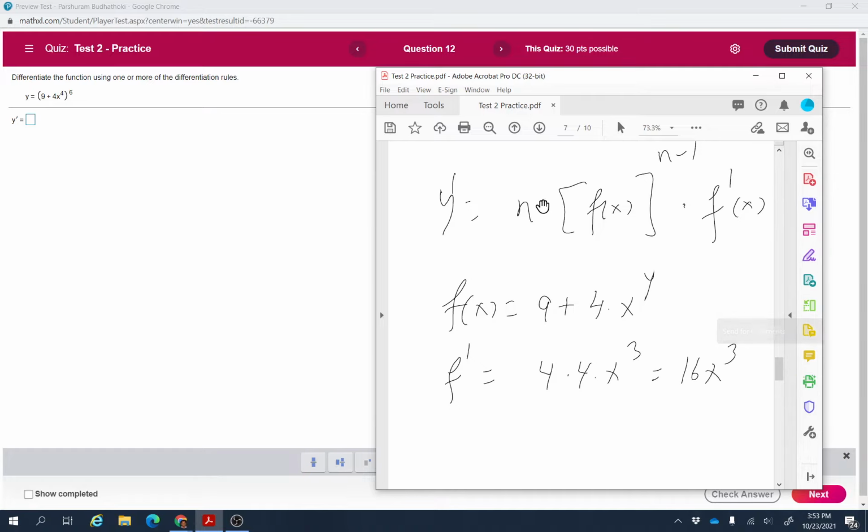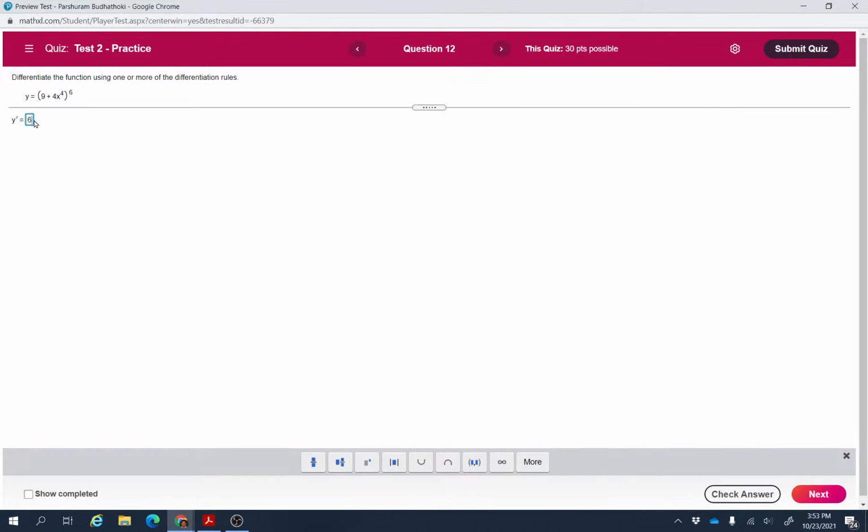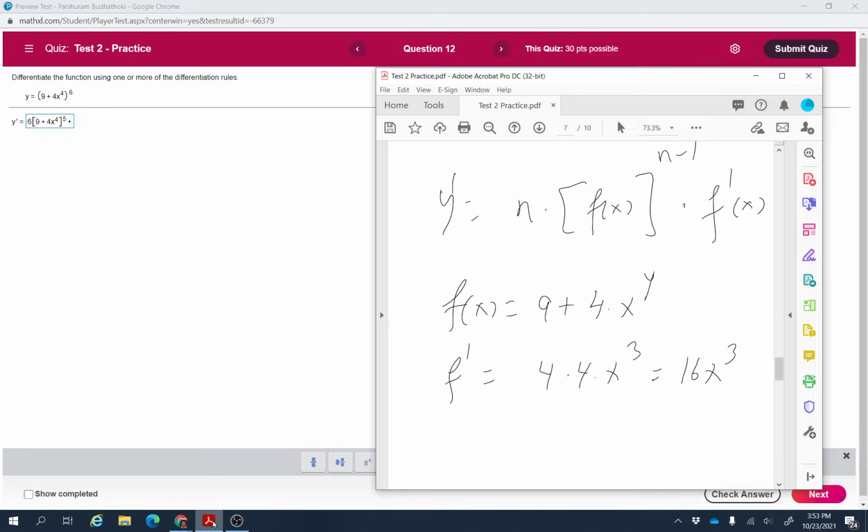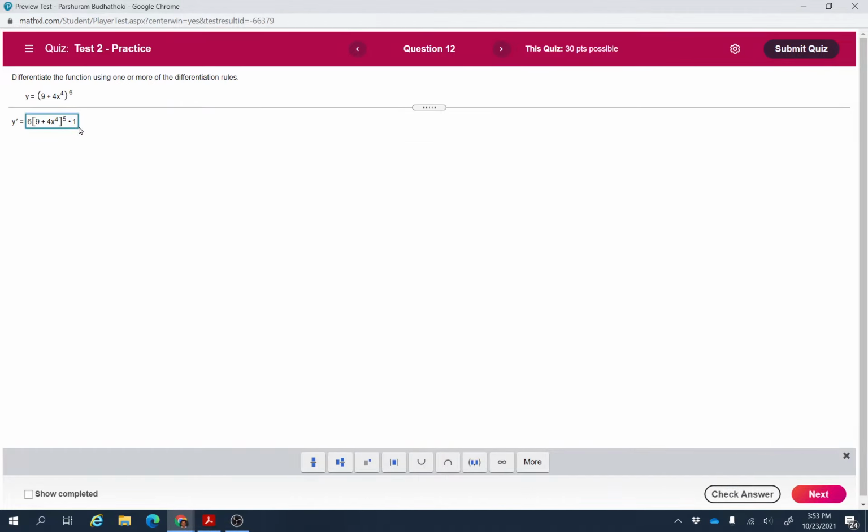So if we use this formula, n is 6, so that would be 6 times (9 plus 4x to the power 4) to the power 5 times the derivative, which is 16x cubed.